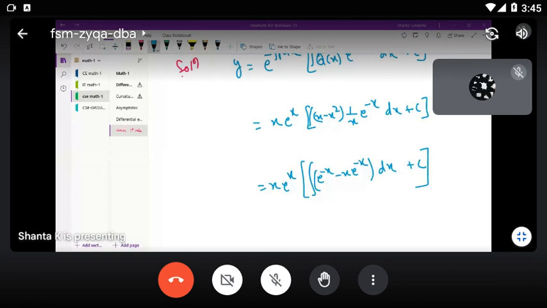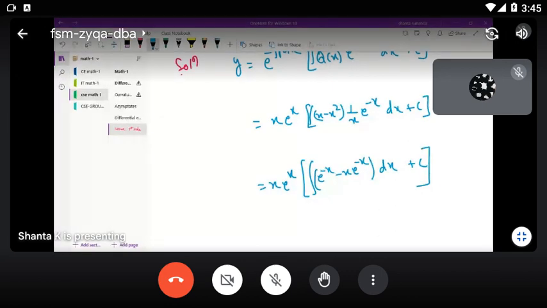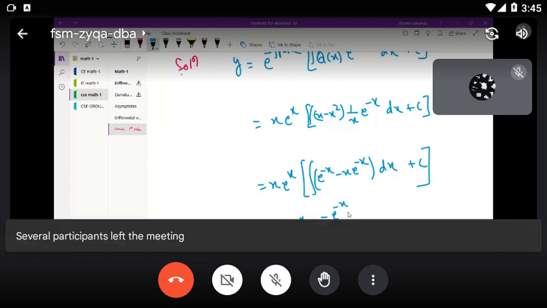So if we do the integration, then we have x squared. Look at it, we have x e power x. Then here we have e power minus x.